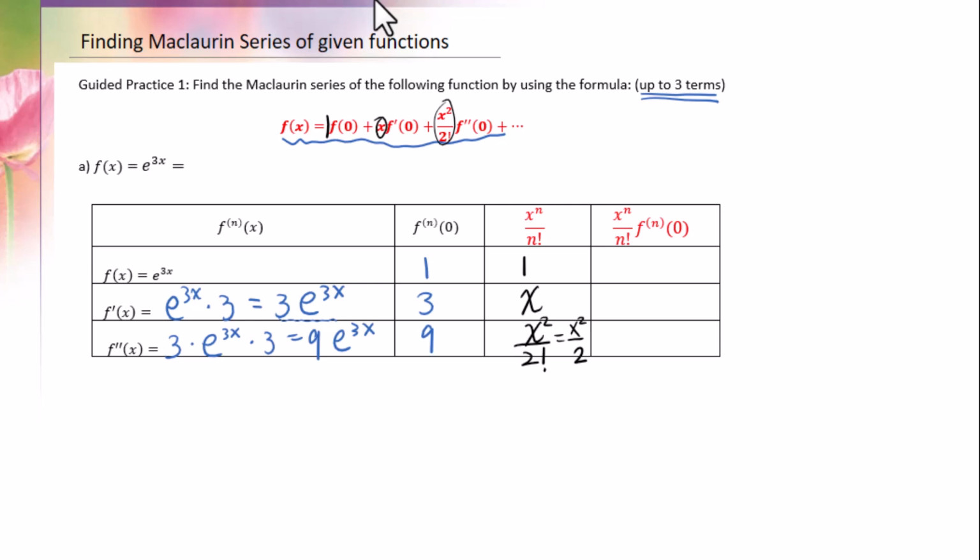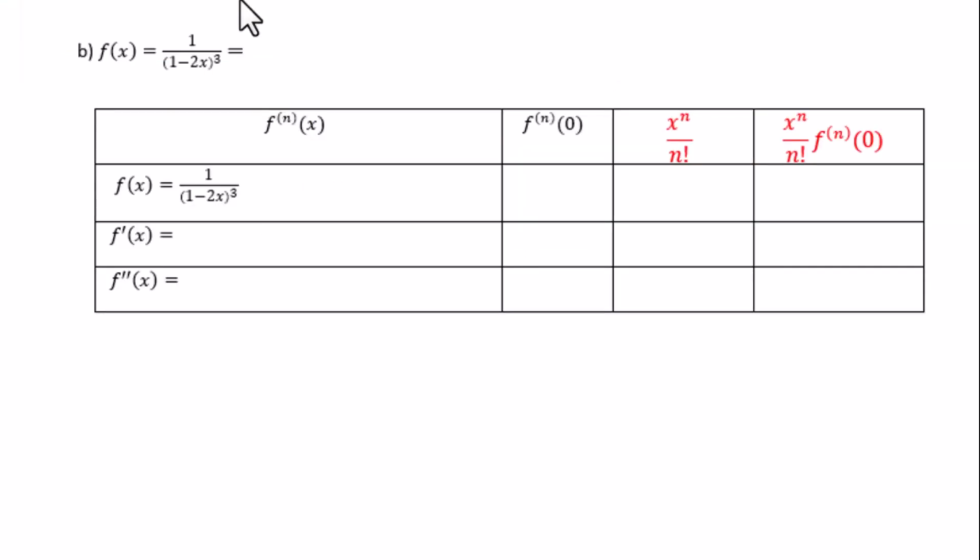Then we will do multiplication: 1, 3x, 9 over 2 x squared. The Maclaurin series of e to the 3x power equals 1 plus 3x plus 9 over 2 x squared, and so on. Let's go to B.